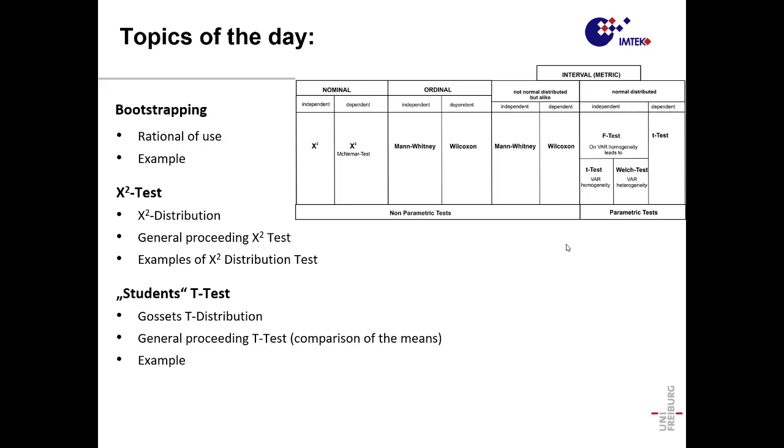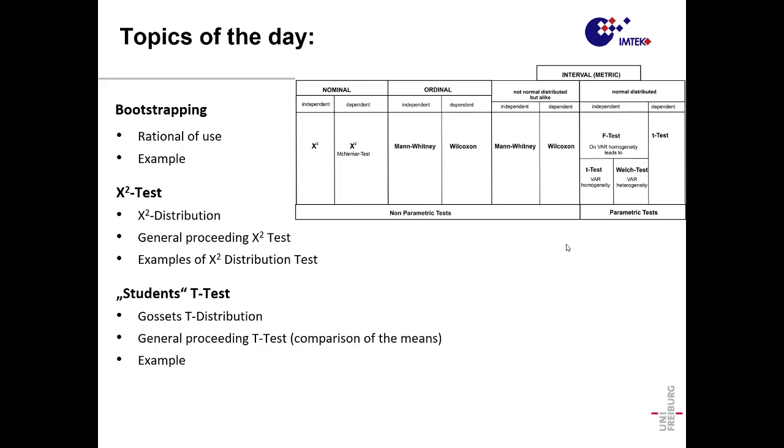One important assumption when using a parametric test is to have a normal distribution of the residuals from your model, right? And one way to test if your data follows a normal distribution is using, for example, the chi-square test, which uses a chi-square distribution. But the chi-square test can be used to test if your data follow any distribution.